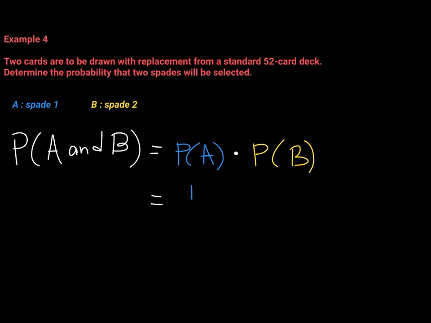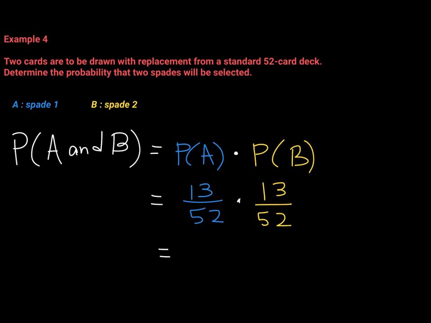Well, there's 13 spades altogether, right? And then you put that card back. And what's the probability that the second card will be a spade? Well, since you put that card back, there are still 13 spades. So this is the multiplication that needs to occur.